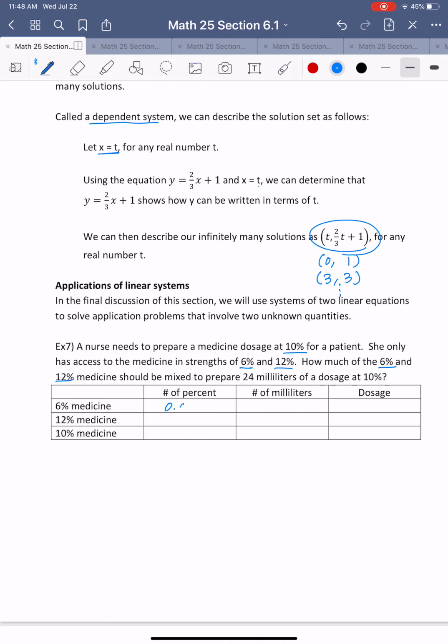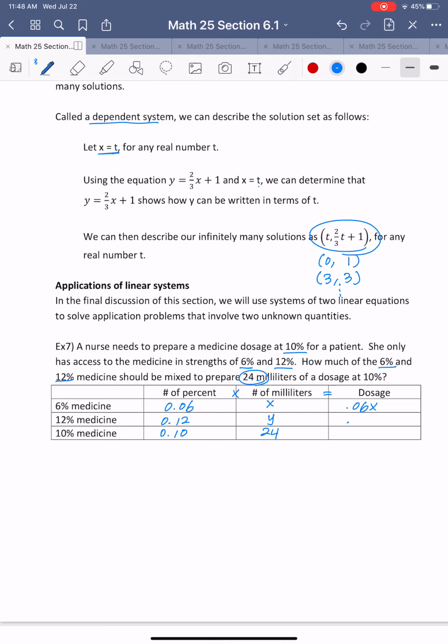So we're going to change the percentages to decimals: 0.06, 0.12, and 0.10. And then she needs 24 of the 10% from an unknown amount of the 6% and an unknown amount of the 12%, but I don't think they're going to be the same. So the dosage of the 6% medicine is going to be 0.06x, because you multiply to get this dosage, okay?